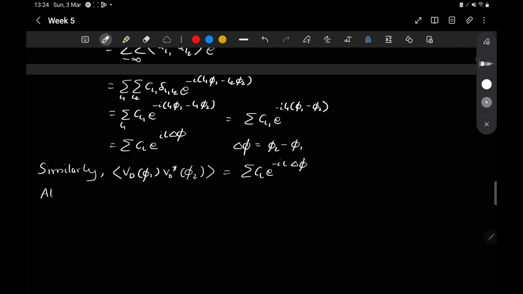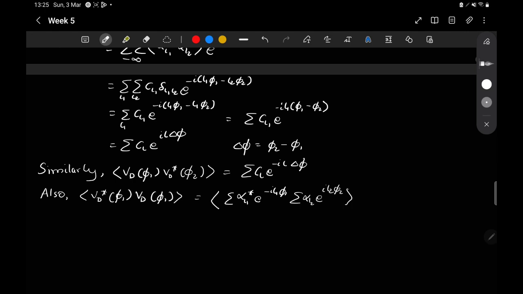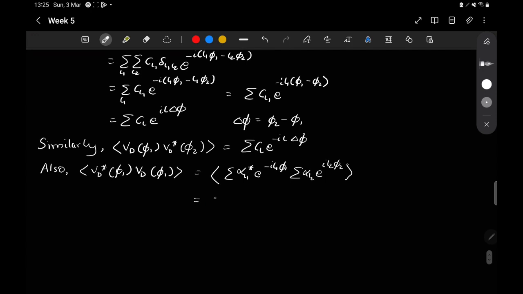And also let us look at the intensity contributions from the individual slits. So both the summations are from negative infinity to plus infinity.